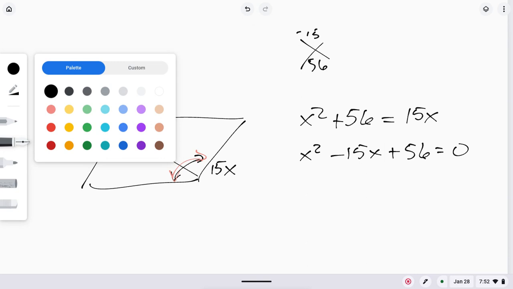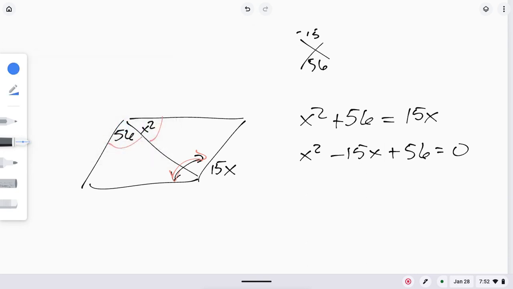So in this case, I'm going to need an 8 and a 7 to do that, right? So -8, -7, more specifically.